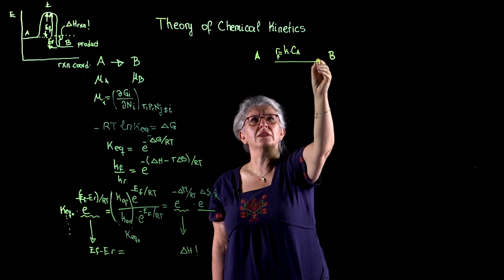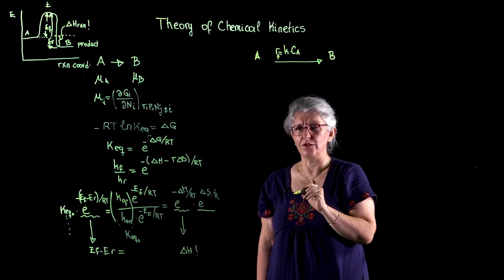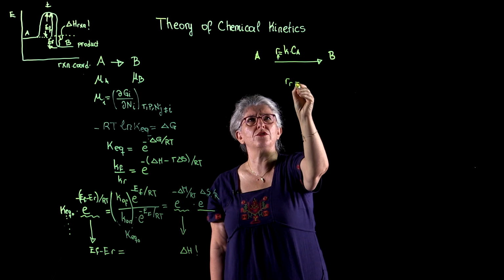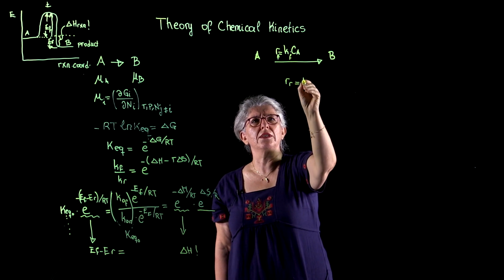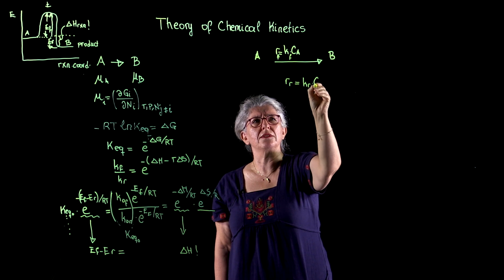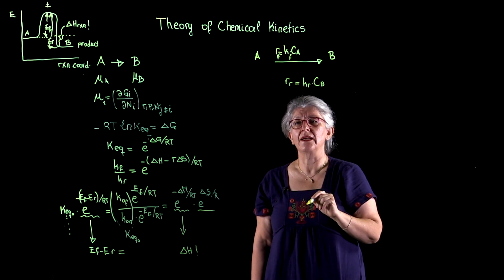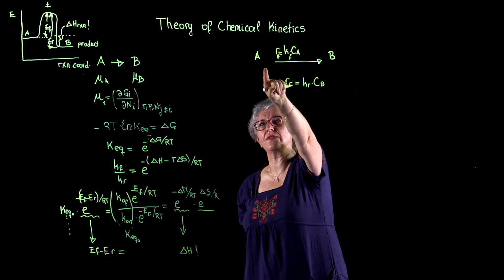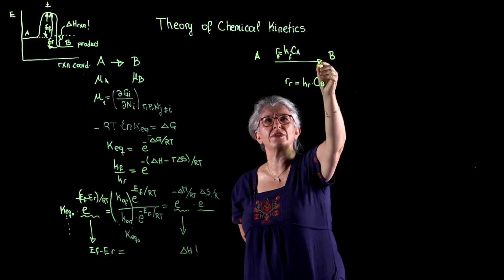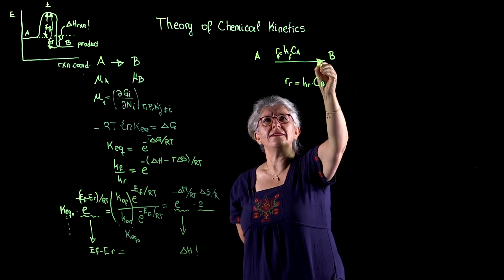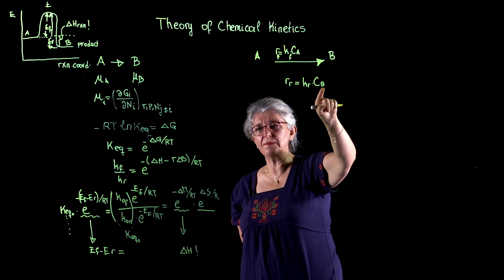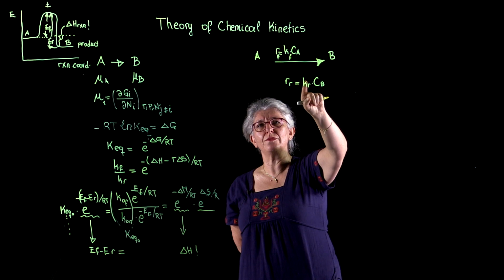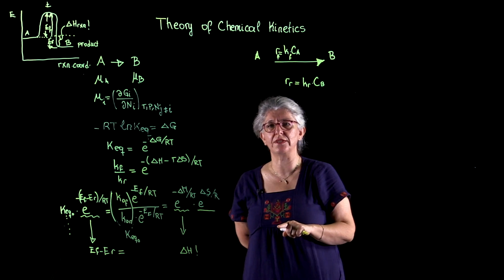The reverse rate, which is also elementary, should be K reverse times CB. Now, initially, there is no B. The whole system is composed of molecules A. As the reaction proceeds, some B starts to form, and as B starts to form, the reverse reaction starts to take place.